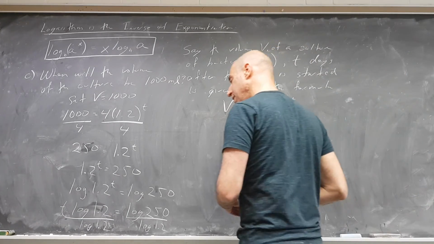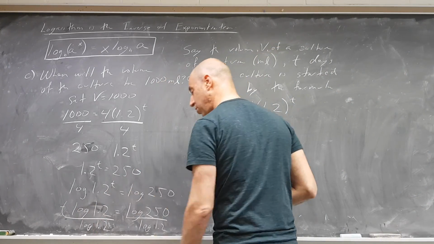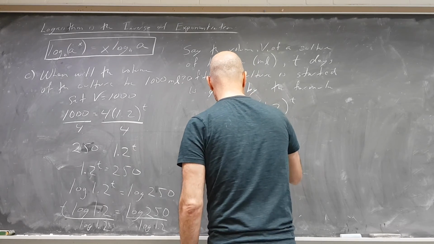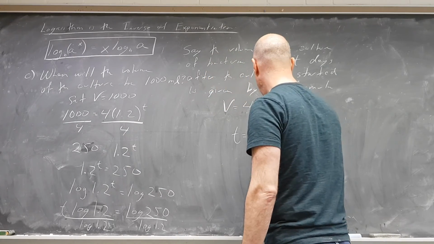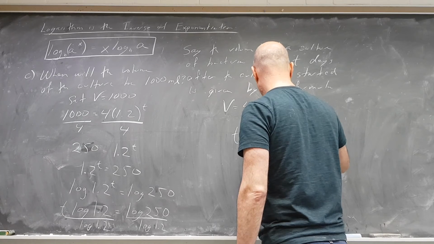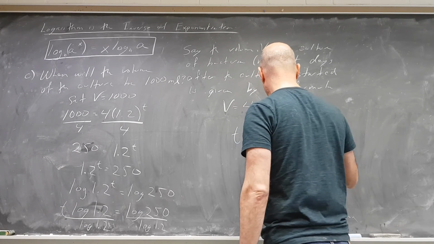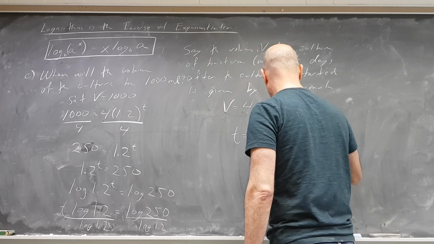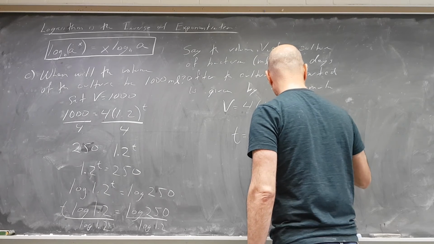So the log 1.2 here cancels with the log 1.2 here, so I just have the t on the left-hand side, and I have log base 10 of 250 divided by log base 10 of 1.2.